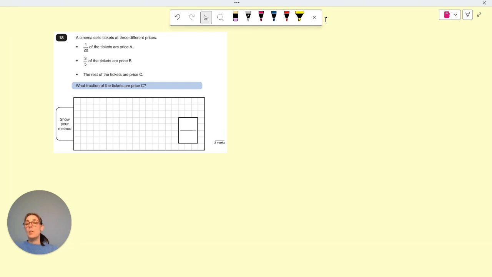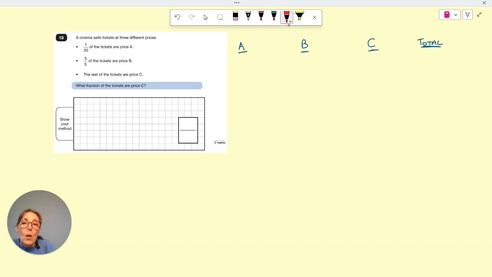Now, this is going to be to do with equivalent fractions because we have fractions with different denominators. We've got A, we've got B, and we've got C. Now, I'm going to put total here because this total is what helps work out the rest of them.